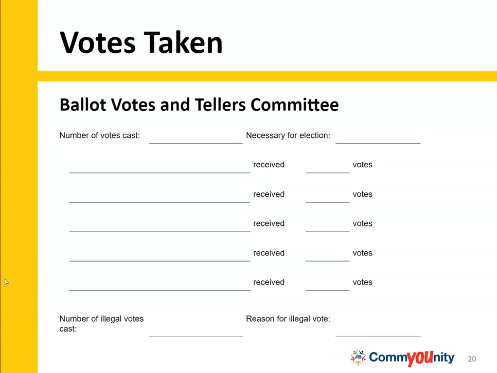The example on the screen of a teller's report is specific to an election. In the case of a yes-no motion, the names of the candidates would be replaced by ayes and noes or the like. The Tellers Committee report states the number of votes cast, not necessarily equal to the number of members present. It also states the number of votes needed for election or adoption, majority or 2/3 depending on the type of motion.